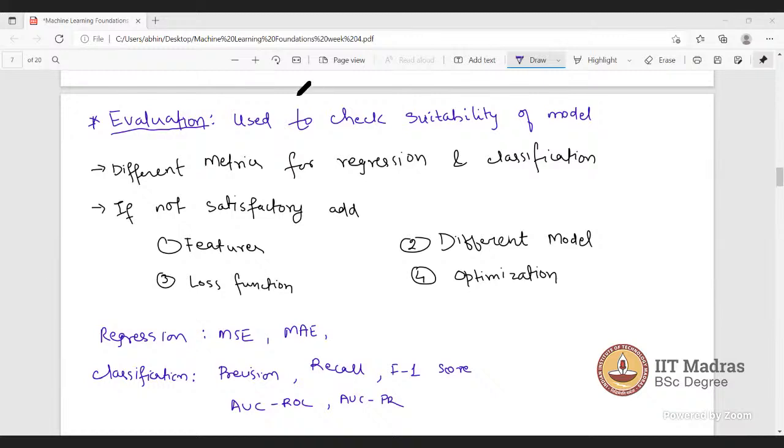What is the difference between effectiveness and performance? We can say a model is performing well if it is effective. I don't think there is any difference in this. Okay, no such difference between these two statements. No. If something is effective, it is performing well. Okay. Yeah.